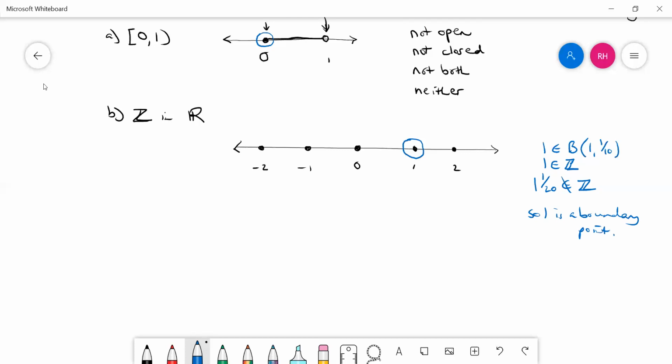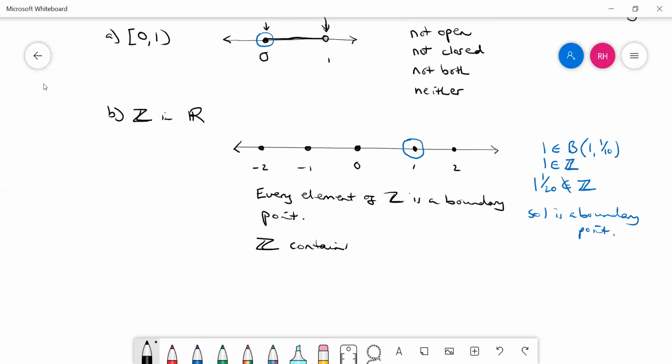And in fact, let's now write: every element of Z is a boundary point. And to go a little bit further, we could say Z contains all of its boundary points.